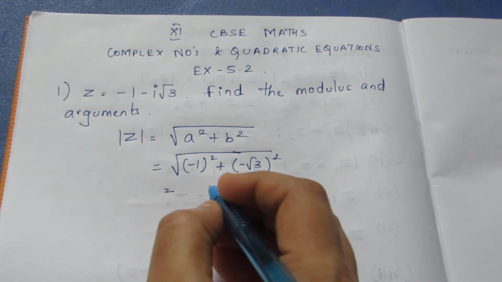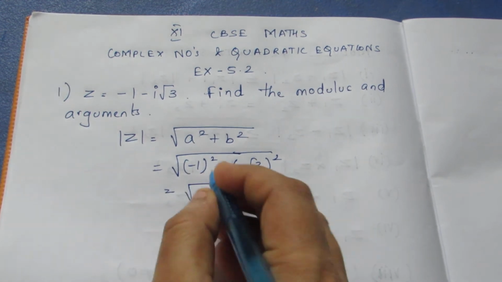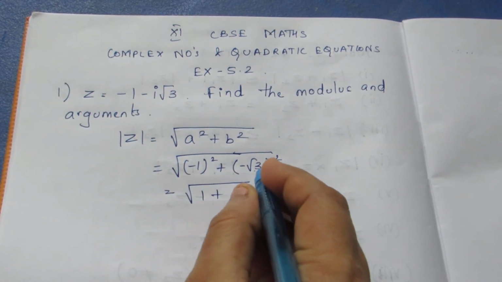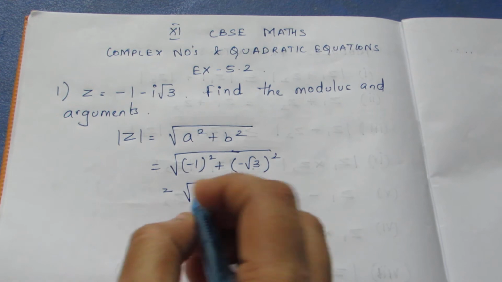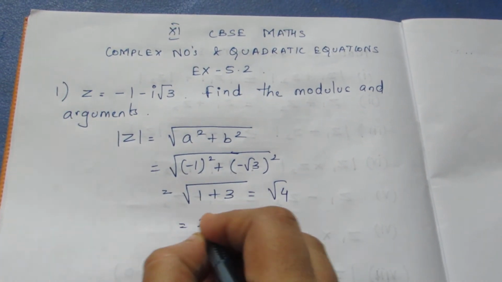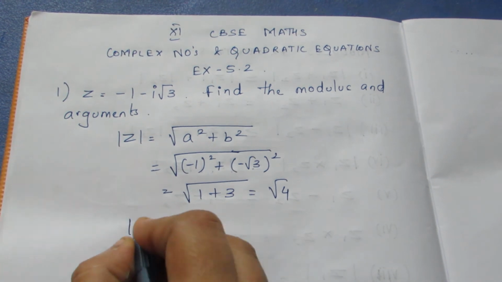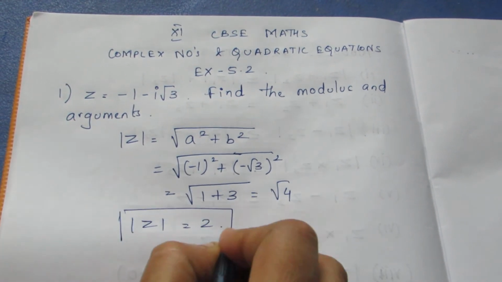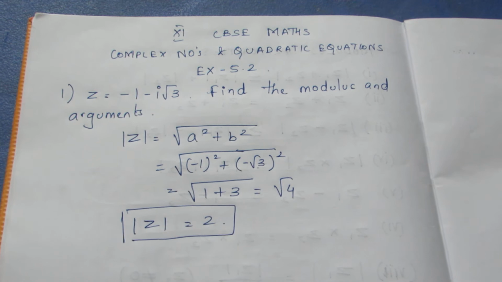Here root of 1 square will become 1, plus root 3 into root 3 will become 3. So this becomes root 4. Root 4 is nothing but 2. So they have asked for the modulus of z. Modulus of z is 2. So we have found the modulus.